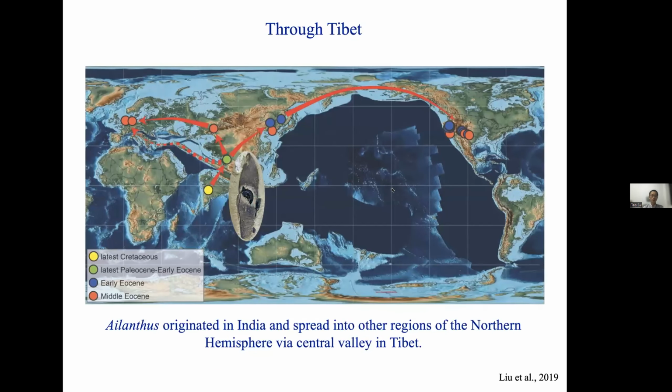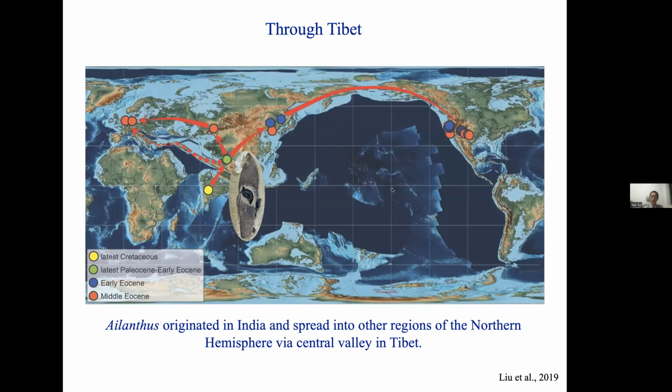Another example is Ailanthus. We found a very early fossil record of Ailanthus fruit in the Jiangnan flora.